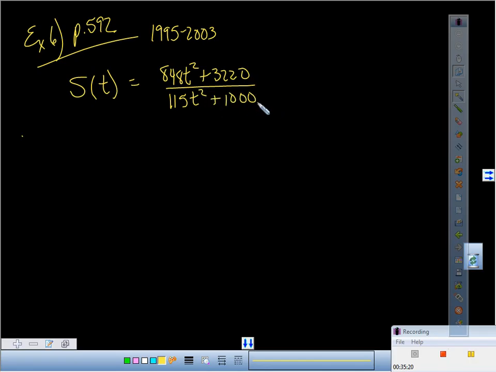But they give you a little restriction. They say this equation's only good if t is between 0 and 8 inclusive. So here's the question. I'm rewording the question because I don't like the way they said it in the book, and I don't like the way they answered it.